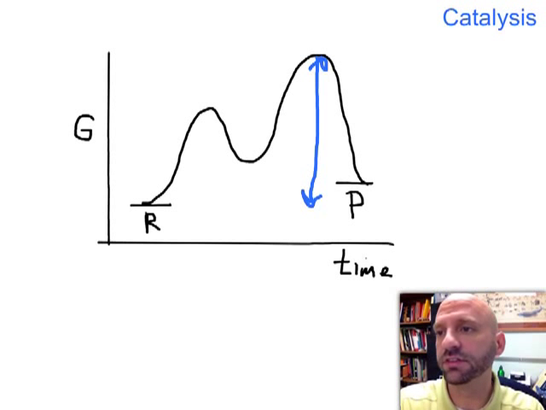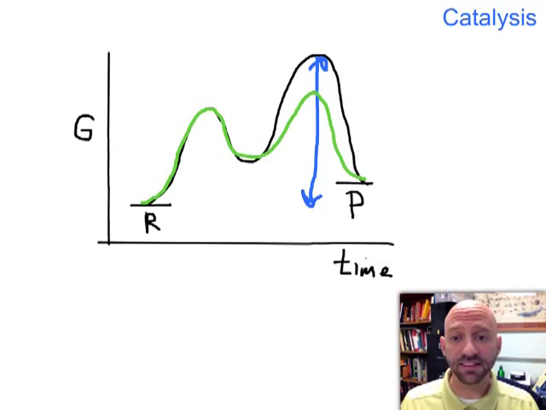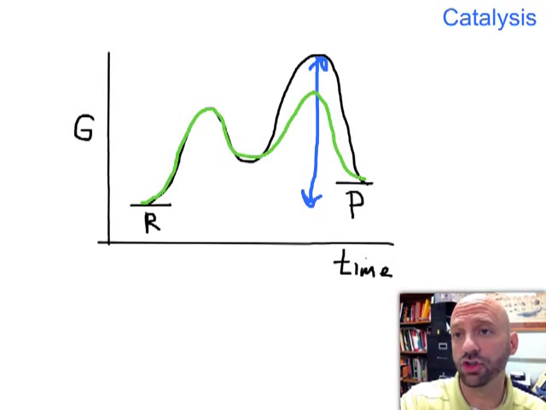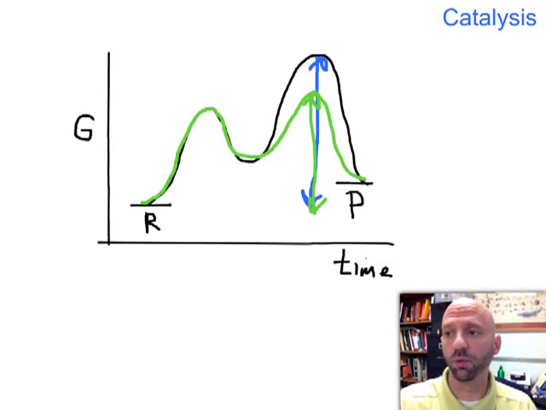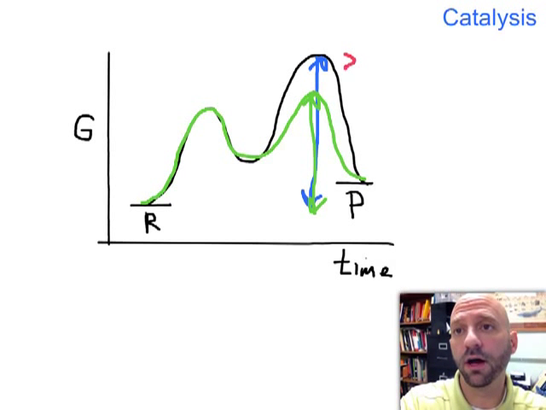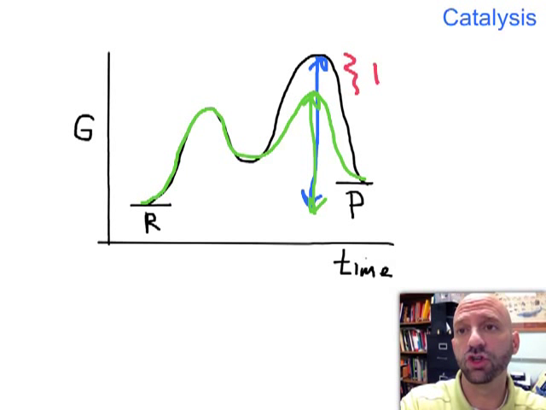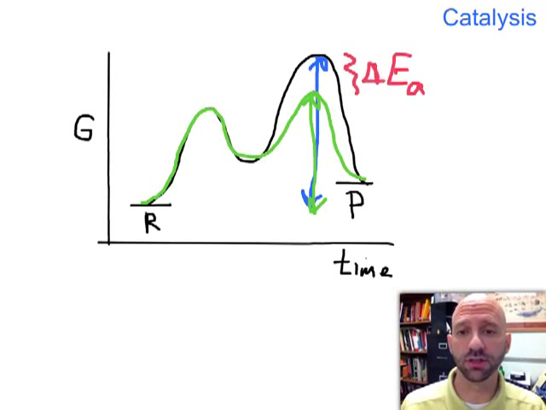Maybe it doesn't mess with the first step too much, but it's going to alter the second step so that its activation energy is some energy less than what it took to do the uncatalyzed reaction. So in a way, what I have up here between the two heights of the two tallest hills is a change, a delta, in the activation energy.